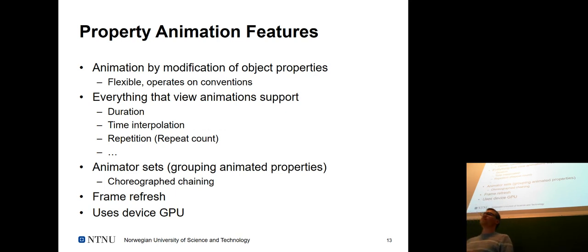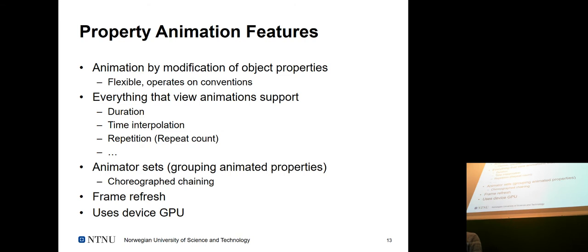It's no longer constrained only to views, but covers any property, well, nearly any property of any object that you have. And it may also extend to objects that are not visible. So you can modify state changes for an object that's, for example, in the background, because you want to show it later on. You have it invisible, but you change its position to make it visible later on. This is entirely possible using property animations.